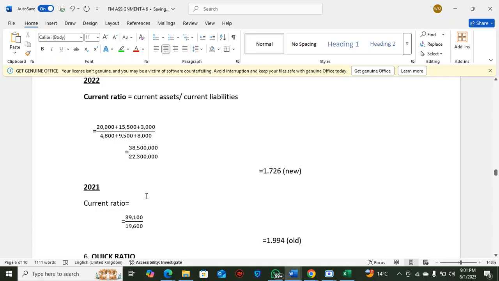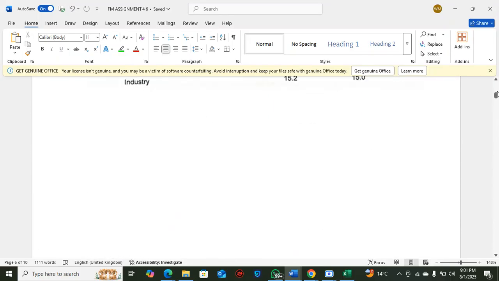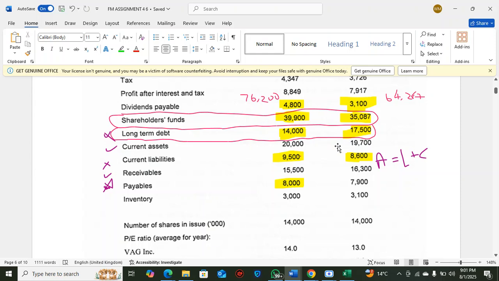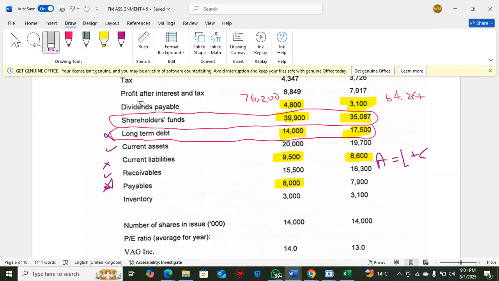Okay. In 2021, still the same current assets. You just add your current assets, receivables. Let me just come here. I already added there. I never just wrote the workings. But you add current assets, receivables. Let me mark them out.